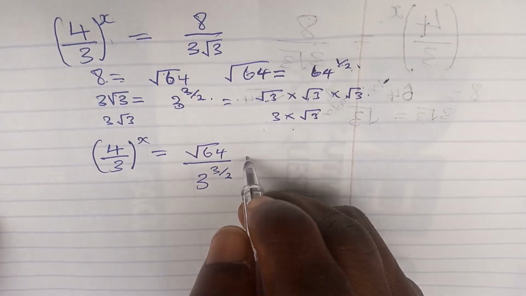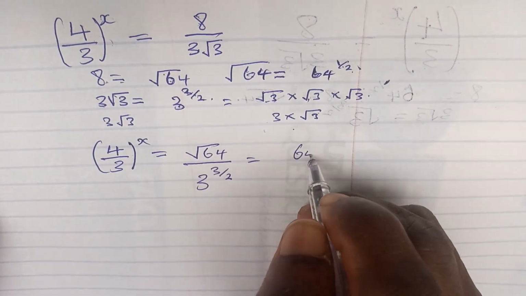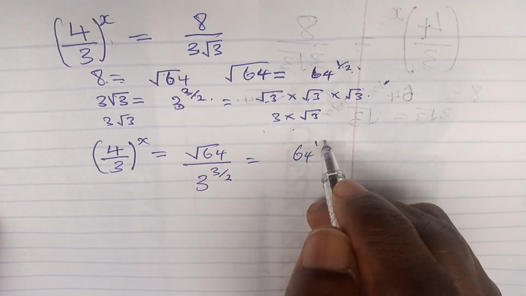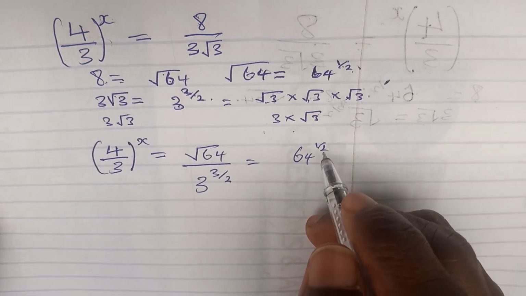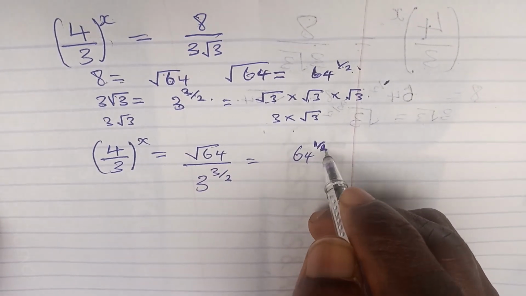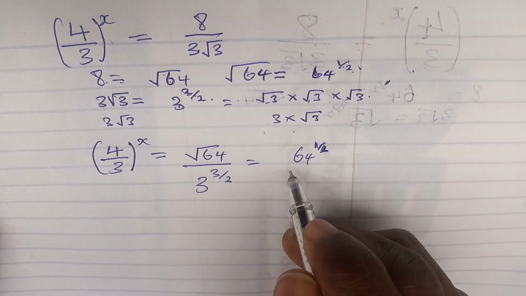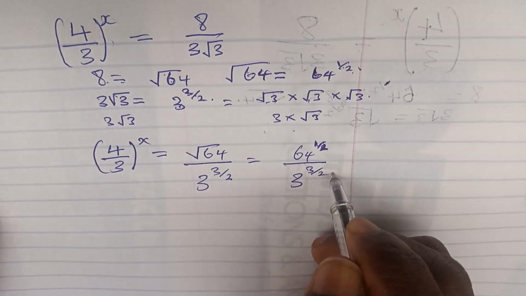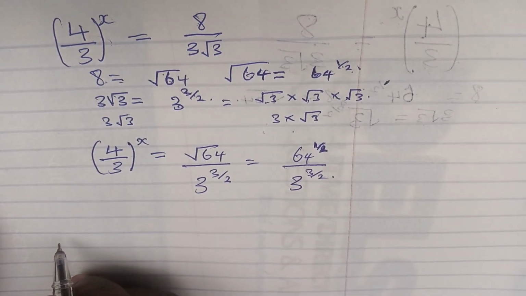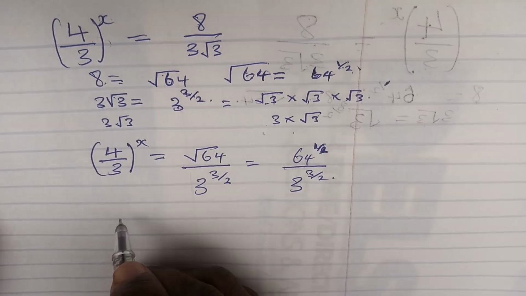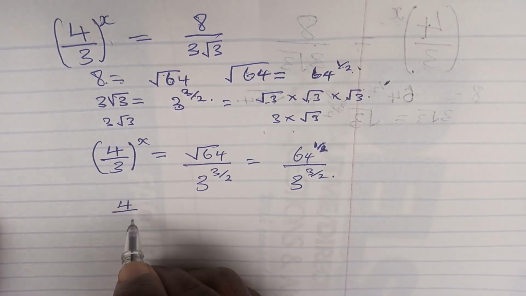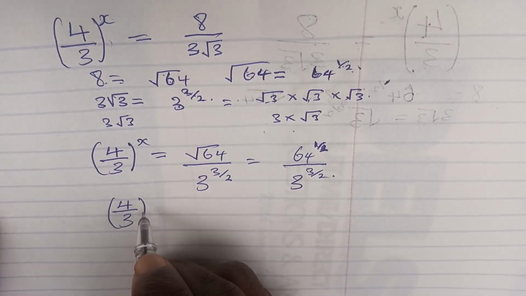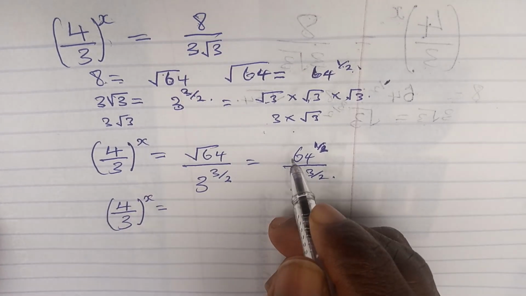In other words, I can say this is also equal to 64, all to the power of 1 over 2, all over 3 to the power of 3 over 2. Okay, so we now have (4/3) to the power of x is equal to this.